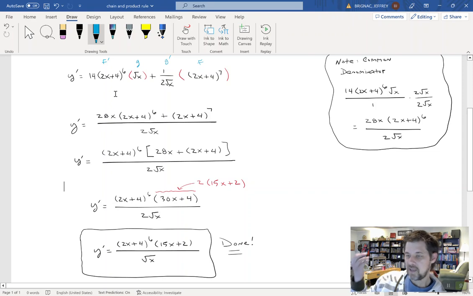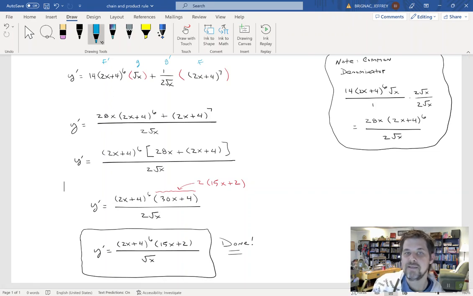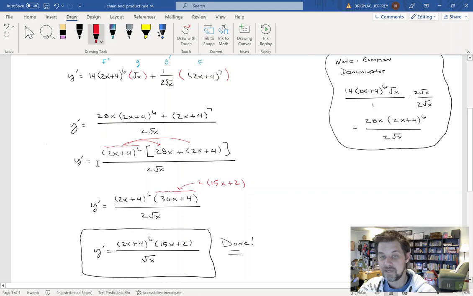I'm taking that common part away, and then I can re-multiply and prove to you that it's right. What's (2x plus 4) to the 6th power times 28x? That gets you this first term. What if I multiply it times this second term? What's (2x plus 4) to the 6th power times (2x plus 4)? That gives you the 7th power, see? All right, so I factored that out.